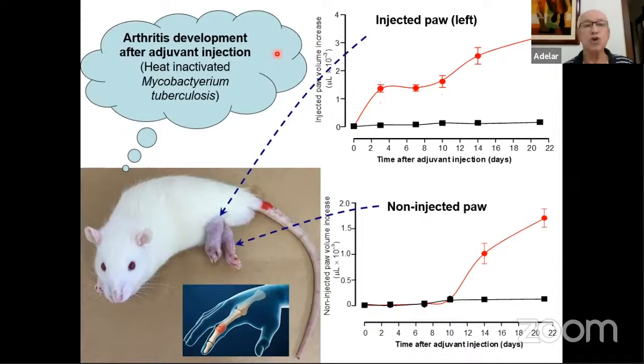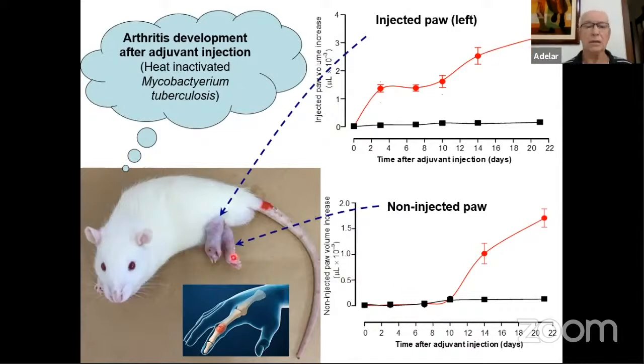If this adjuvant is injected, for example, in the left paw, edema develops quite rapidly, which is evidenced by this paw volume increase that is observed here.